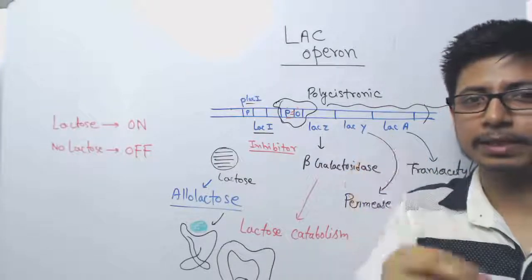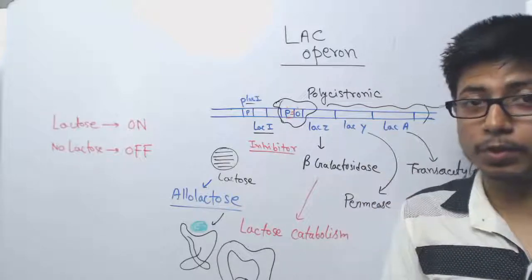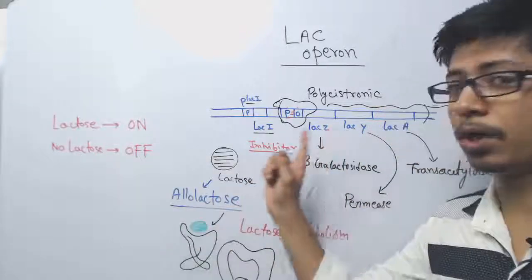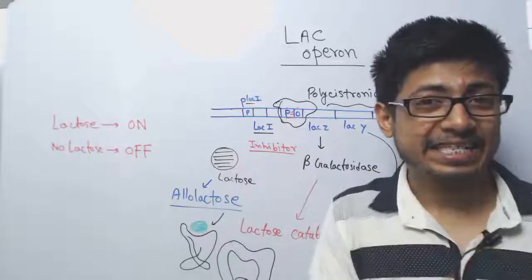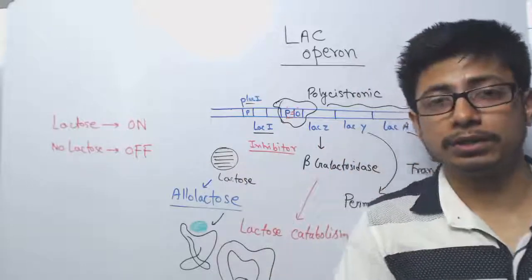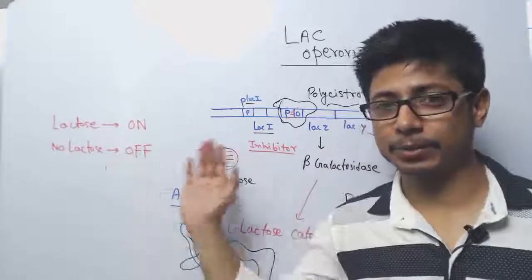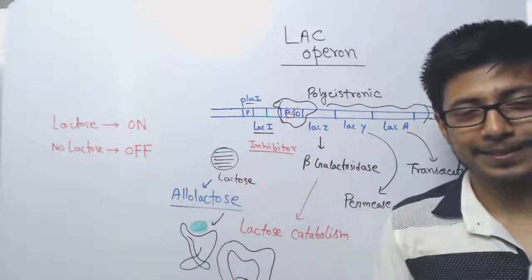It is also known as catabolite repression. The presence of glucose will not allow LAC operon to turn on. It is known as catabolite repression. We'll talk about the role of glucose and lactose during the process of LAC operon in the next video.